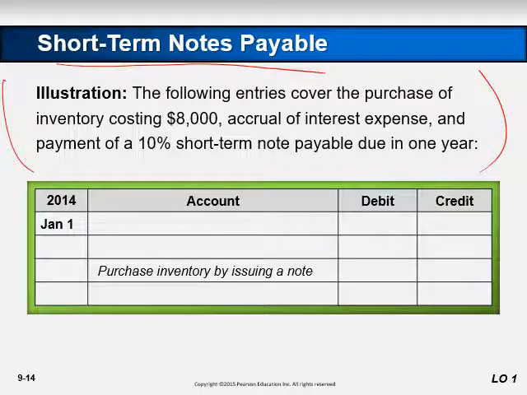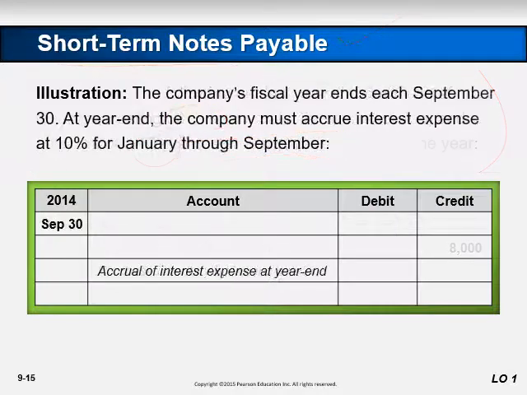Okay, let's do this. We have 8,000, we purchase inventory, and we write against it a short-term notes payable with 10% interest rate. So when we purchase with the notes payable, what is the entry? The inventory to notes payable, right? Answer is 8,000. The fiscal year ends each September 30.